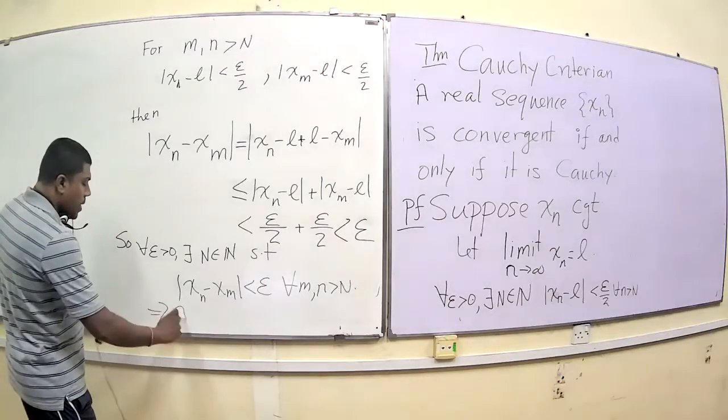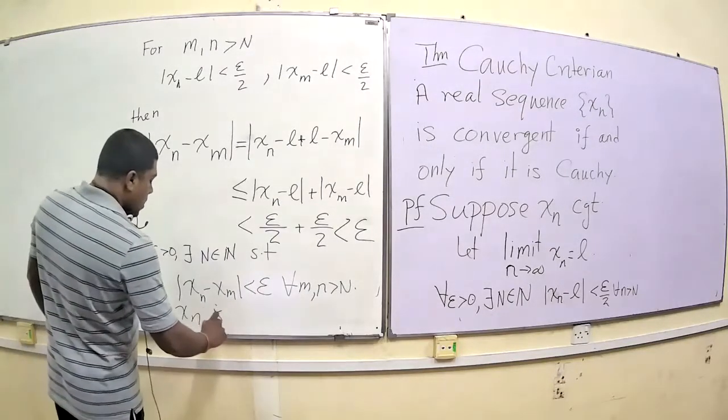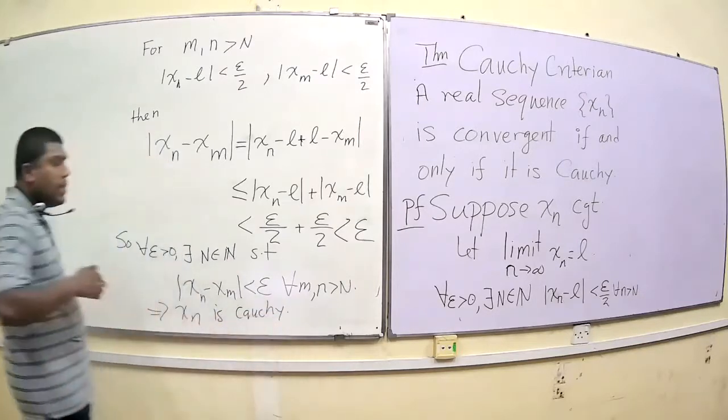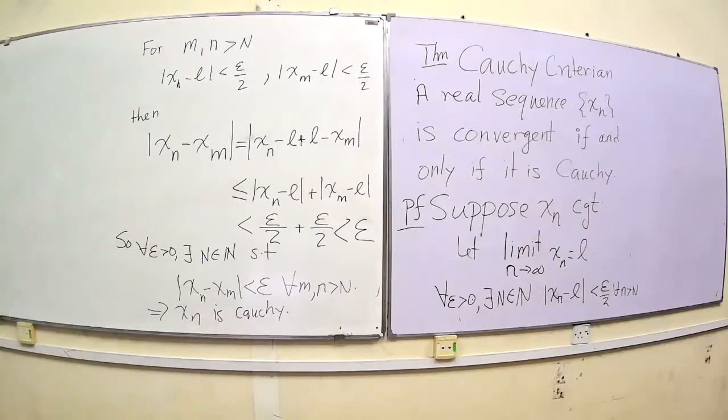So this implies xn is Cauchy. So we easily proved that every convergent sequence is Cauchy. And that is an easy result.